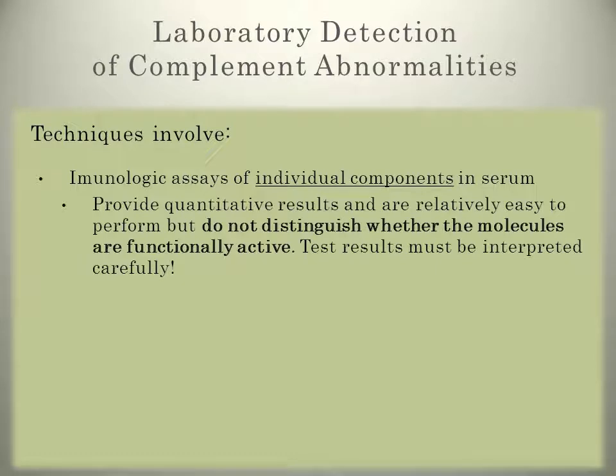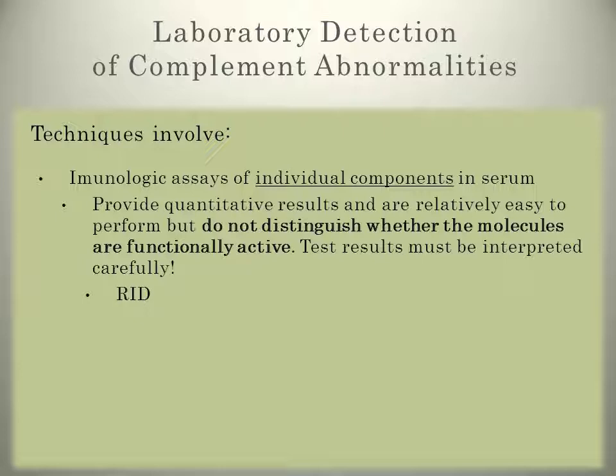This allows us to quantify how much C3 or C5 or whatever it is we assay for they have. But the problem is these methods don't determine whether that particular component is functional or not. So they may have adequate amounts, but what they have doesn't work quite right.